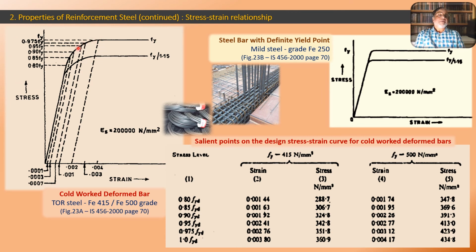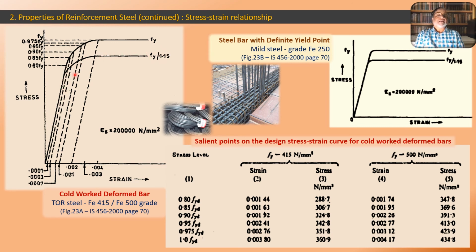So these intermediate points IS code has plotted, and it has given it as 0.8 Fy, 0.85 Fy, 0.90 Fy, 0.95 Fy, and 0.975 Fy, and finally it is Fy. So this is the graph. So this Fy is the characteristic strength graph, and this Fy upon 1.15 is the design strength graph.